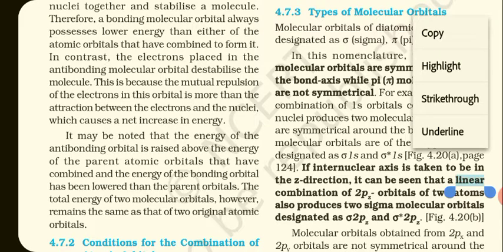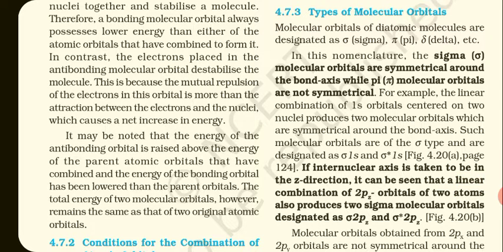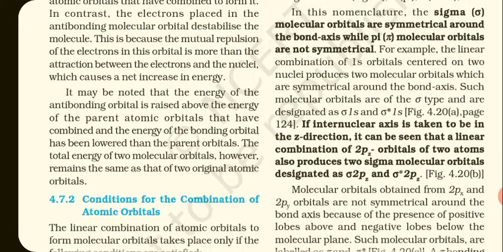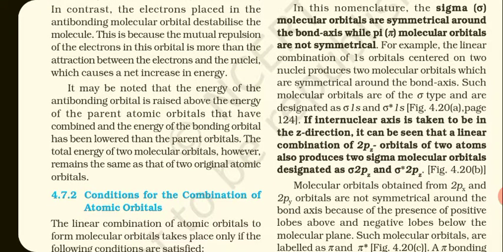Molecular orbitals of diatomic molecules are designated as sigma, pi, and delta, etc. In this nomenclature, the sigma molecular orbitals are symmetrical around the bond axis, while the pi molecular orbitals are not symmetrical.